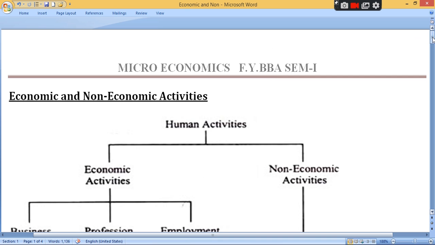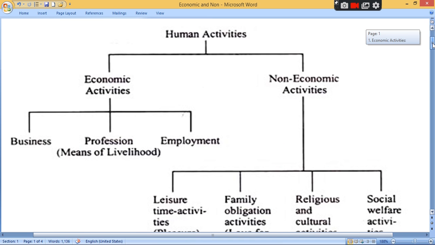So we have completed our unit number 1, clear. Human activities are divided into two parts, economic activity and non-economic activities. You have to write two activities, economic and non-economic. Economic is divided into three parts: business, profession and employment.